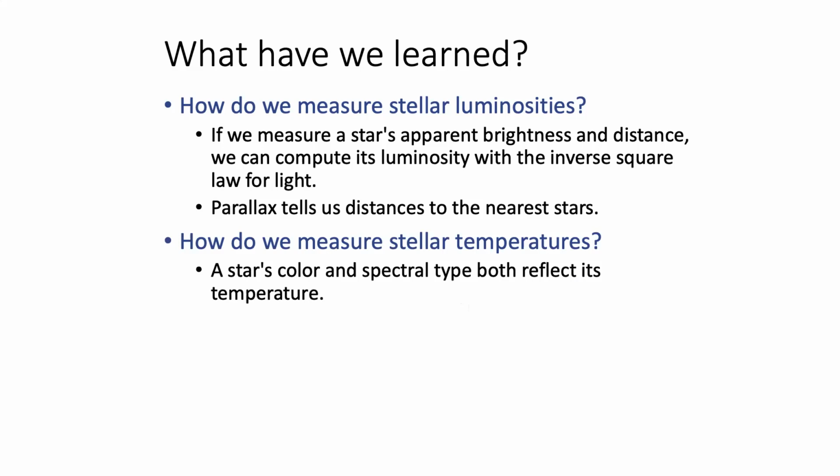We already discussed how things that are hotter tend to exude bluer light, and things that are cooler tend to radiate redder light. Right, so the hottest of stars are blue, and the coolest of stars tend to be red.